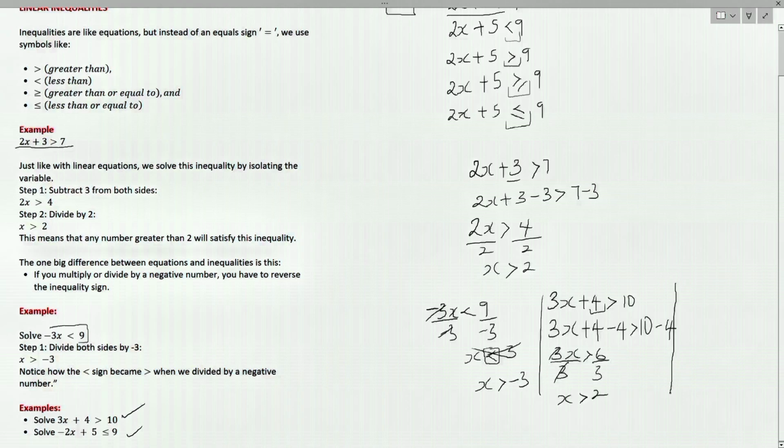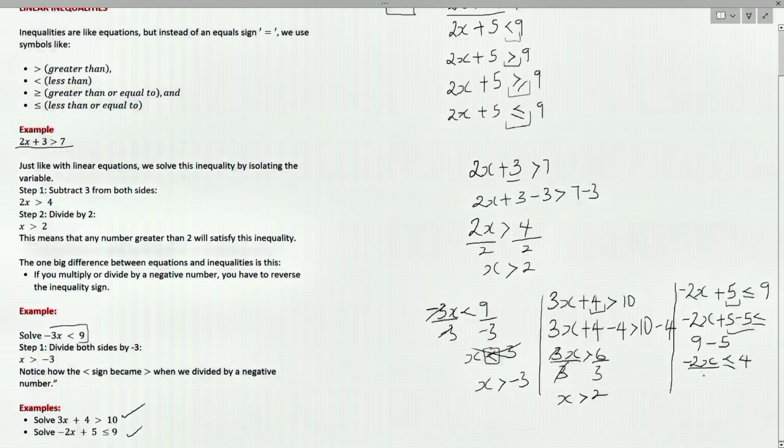That's the answer. For the last one, minus 2x plus 5 is less than or equal to 9. Now subtract the constant from both sides. Minus 2x plus 5 minus 5 is less than or equal to 9 minus 5. That will be minus 2x, 5 minus 5 is 0, so that's gone. It's less than or equal to 9 minus 5, which is 4.